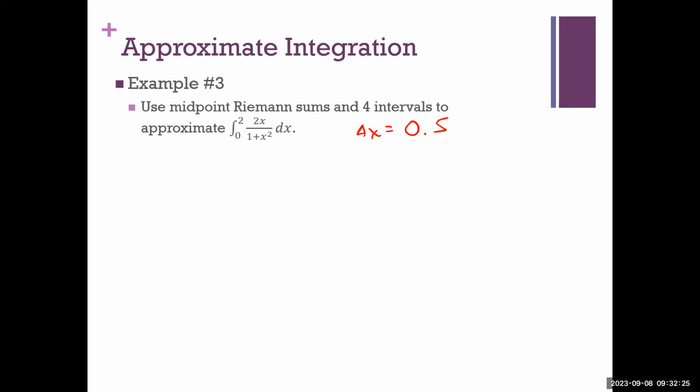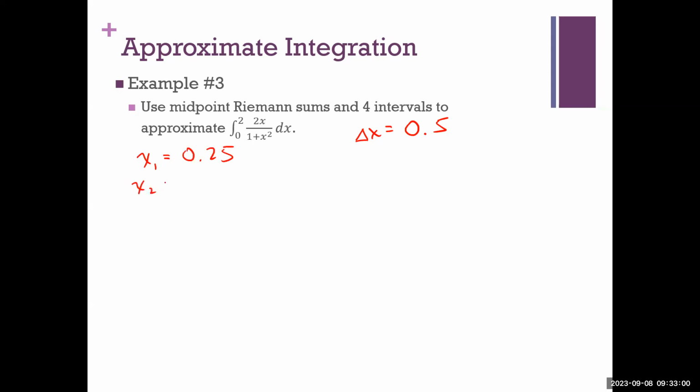Anything else we're going to keep constant? It sounds like we're changing a lot. So someone give me a change that we have to make to find the value of this sum. 0.25 is one of the points here. Okay, so the first one we have to take, I'll call it x1 equals 0.25.